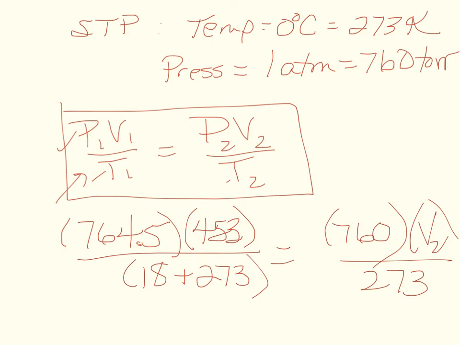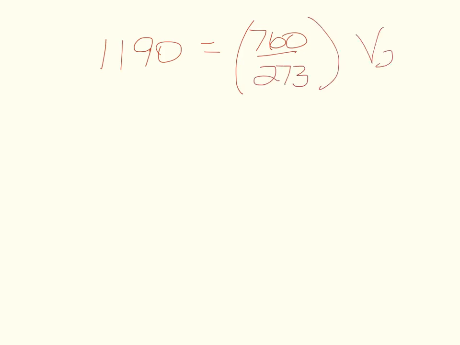All right, so now all we need to do is solve for this. The left-hand side of that equation comes up to 1190, and now we have that equal to 760 divided by 273, all times the second volume. And 760 divided by 273 is 2.78.